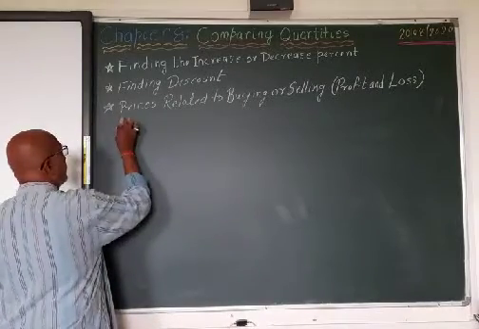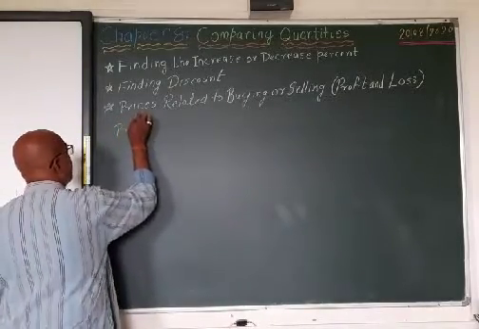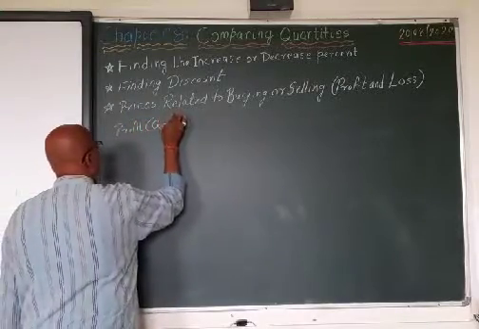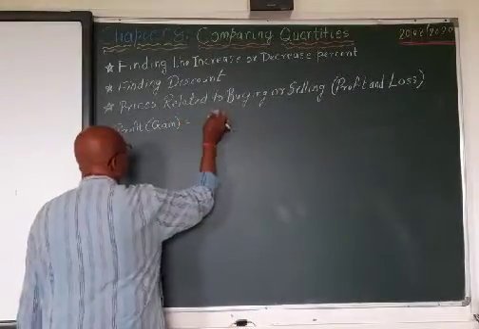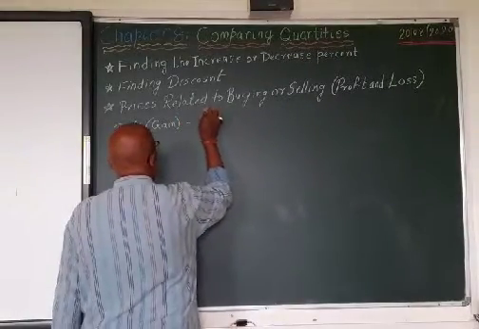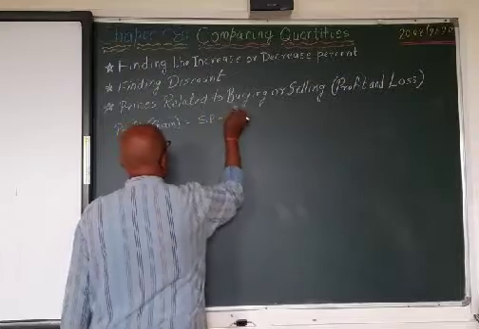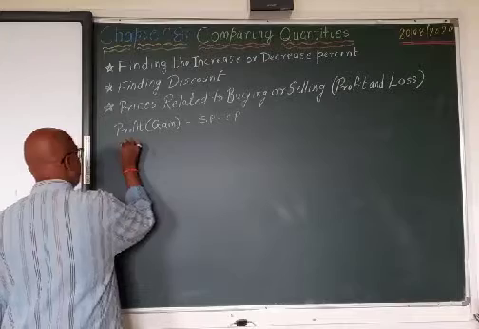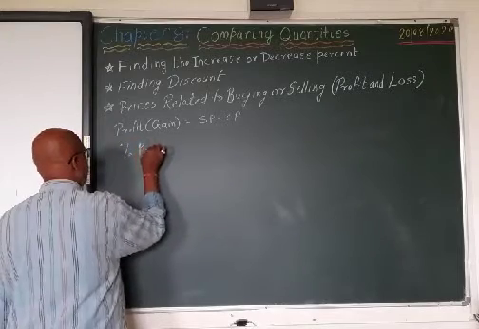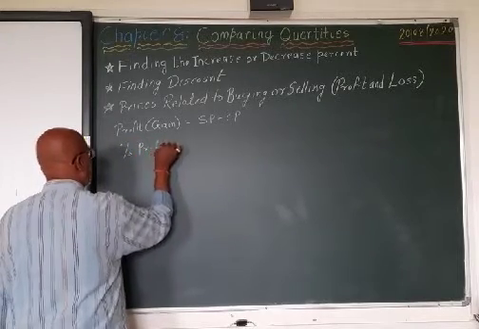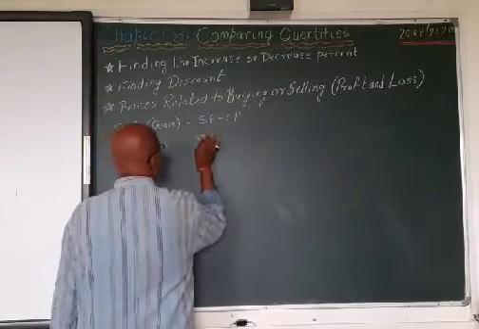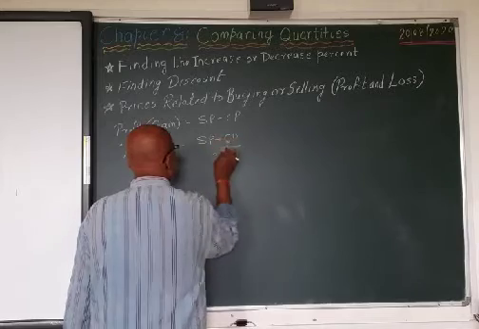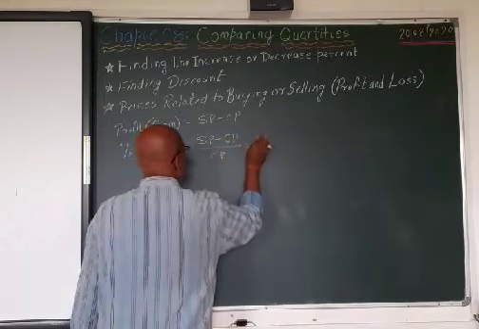So first I will take profit, also known as gain, equal to selling price minus cost price. Percentage profit equals selling price minus cost price upon cost price into 100.